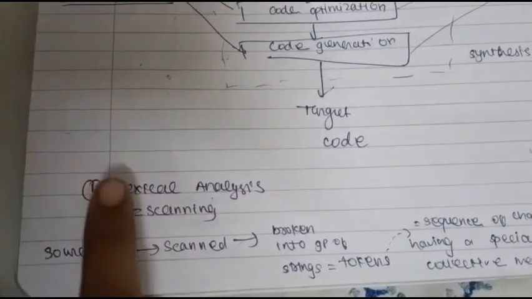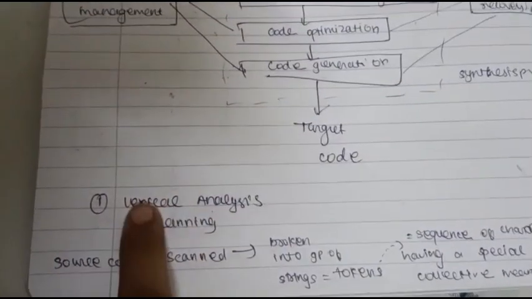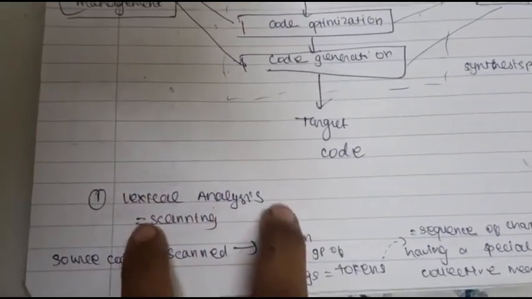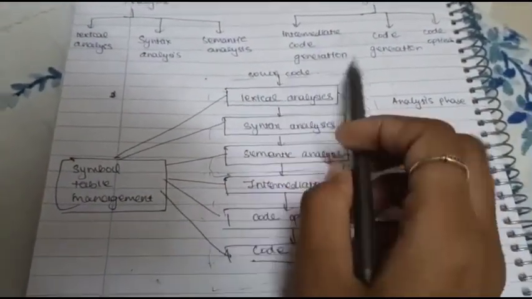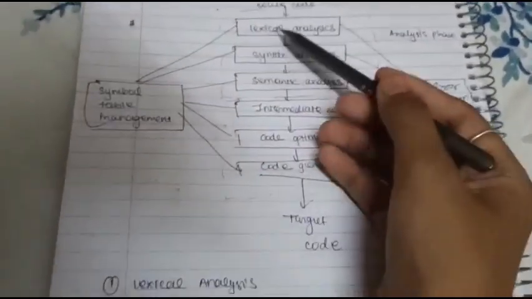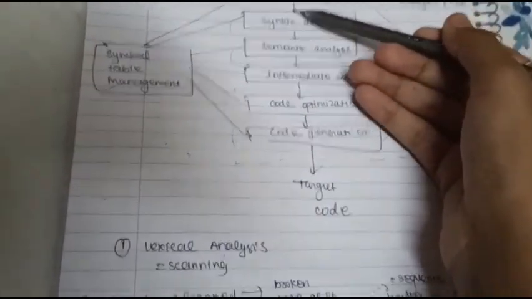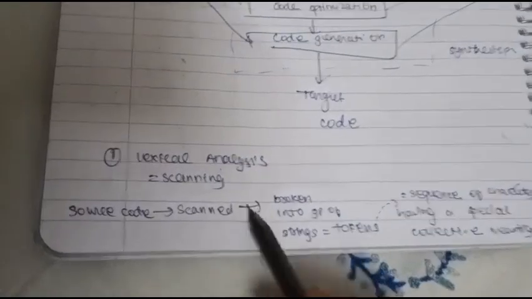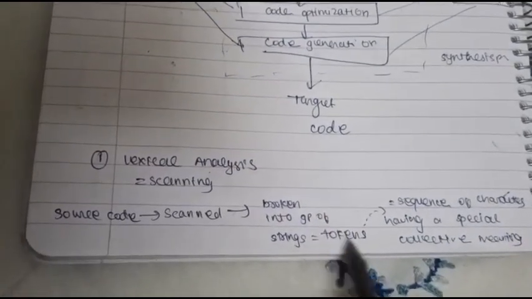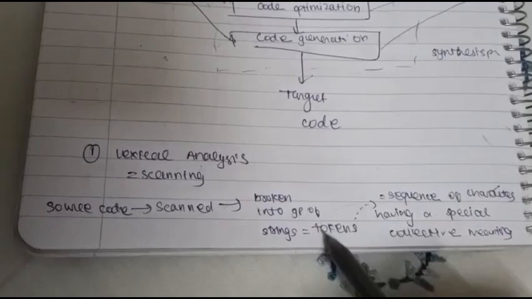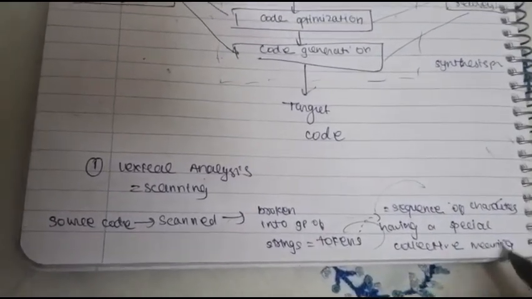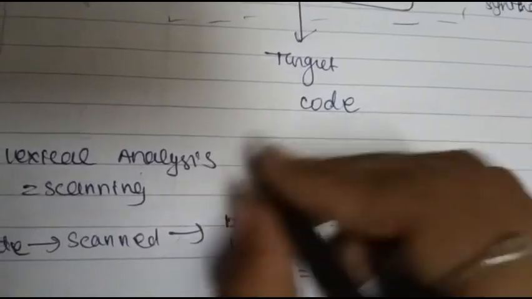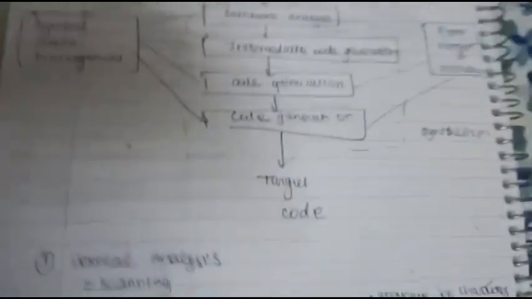The source code, which we have passed as an input to this compilation process, will be scanned, and broken down into tokens. Let's see an example for understanding this analysis phase.